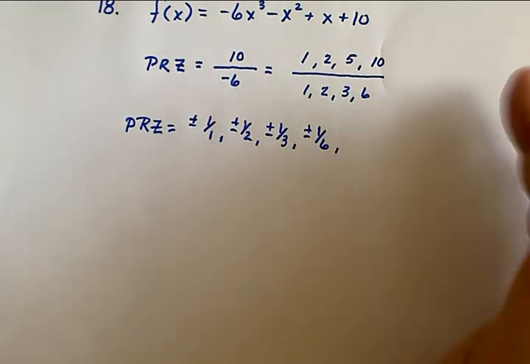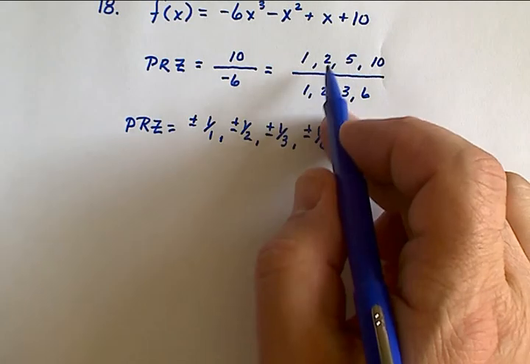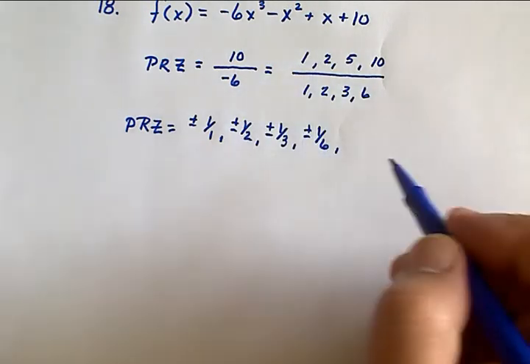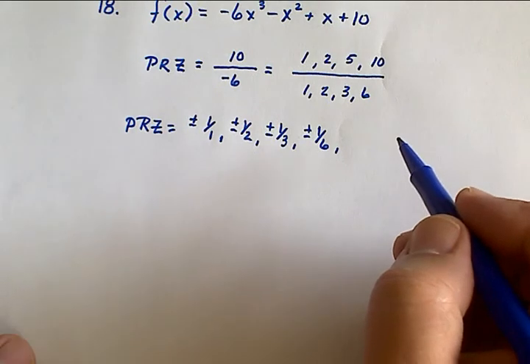Now, you go to the next one. Go to the 2. Now, a lot of these will be simplified when you write your final list.